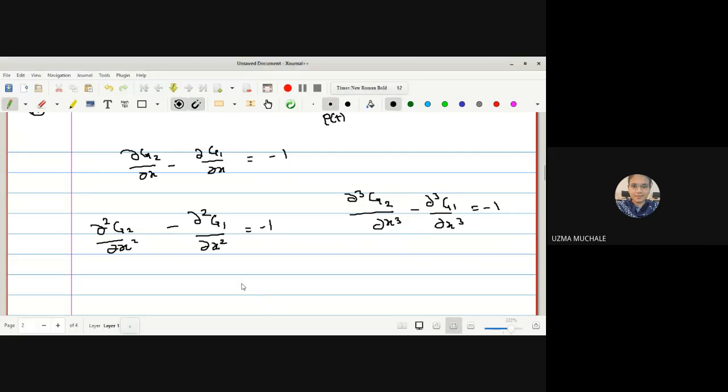You have the functions g2 and g1. Just differentiate with respect to x first and then differentiate second order and third order.